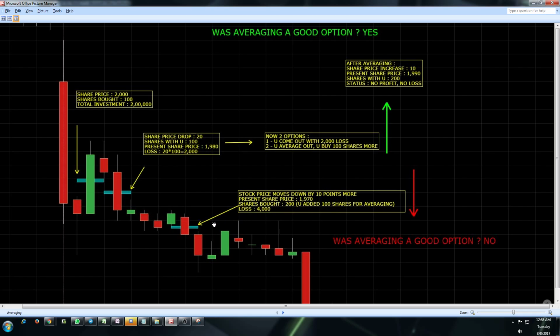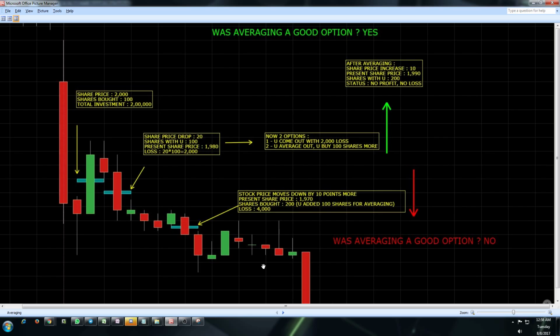Now if the share keeps falling, will you dare to go ahead and keep averaging out again? That is something which you need to think and answer yourselves. Okay, so seeing the example, guys, I hope you all have understood the point I'm trying to make here.